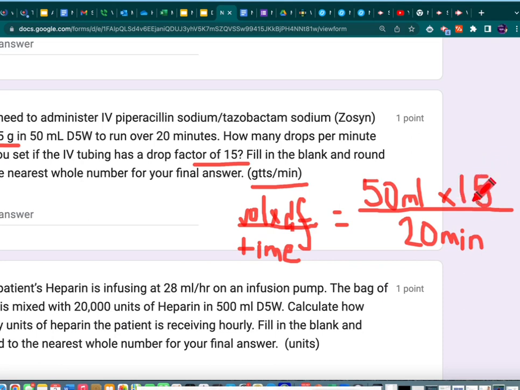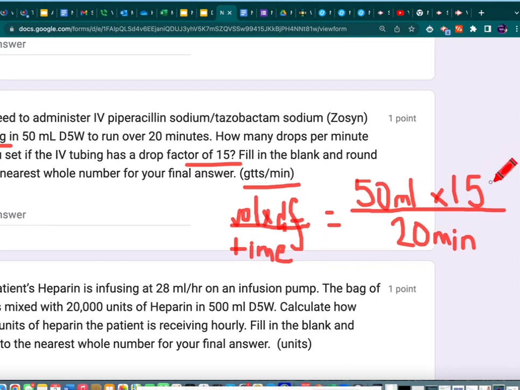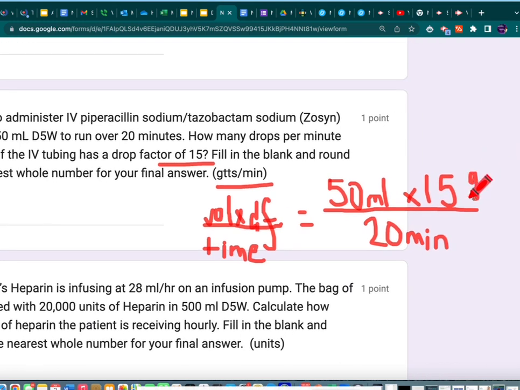All right, so drop factors tend to be in drops per minute, or GTTS per mil, just to show you how these units are going to cancel out to give you what you're looking for. You'll have drops per mils. Apologies. That should be mils and not minutes.